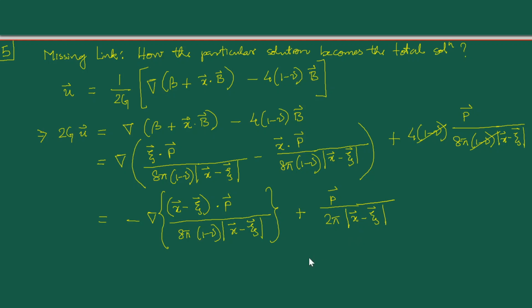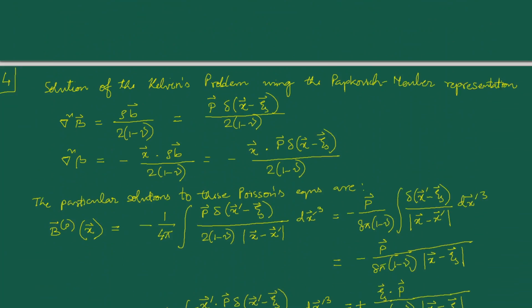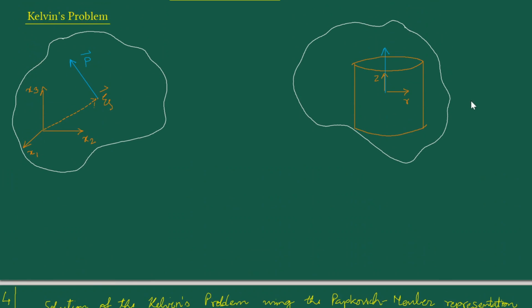Okay, now remember what we said earlier. We had said that for the solution of the Kelvin's problem, we are first going to start from this general kind of a situation where we keep this coordinate axis general, this x1, x2, x3.